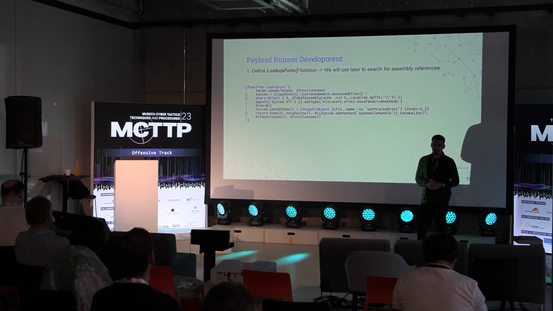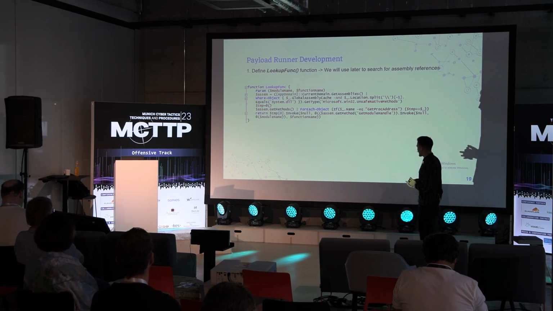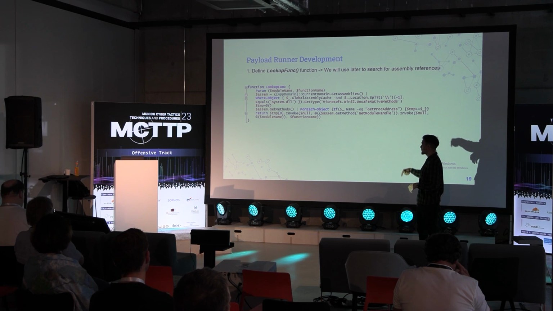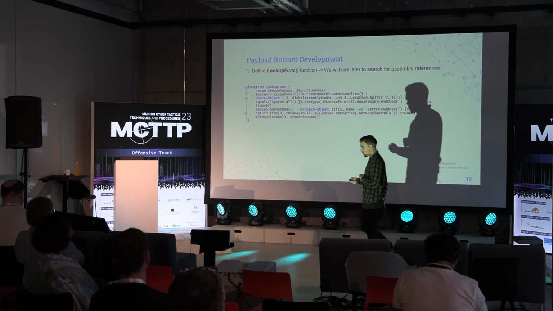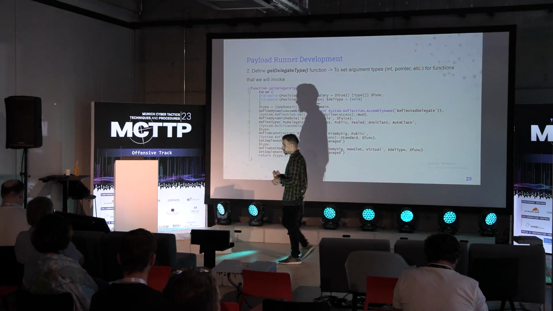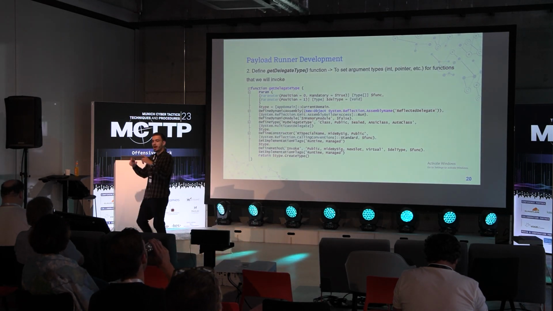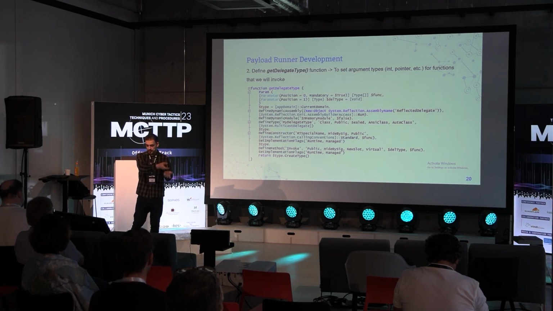Basically, we will not go into too many details here because we are running out of time. This is a function that is used to search for assembly references within the memory. Then we have the getDelegateType function, which is used to set the argument types for the Windows API native functions that we just defined previously.